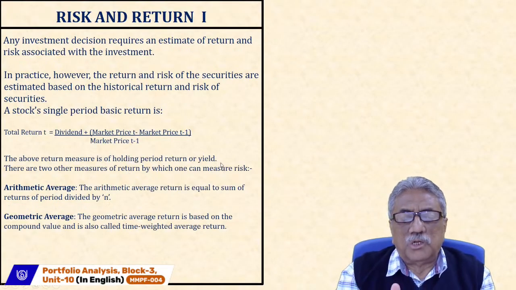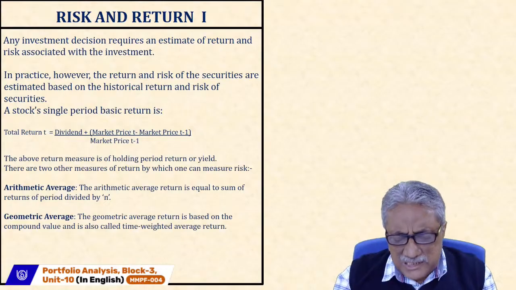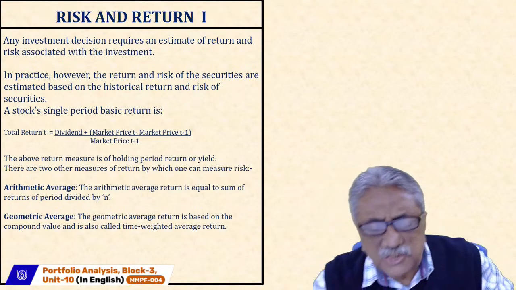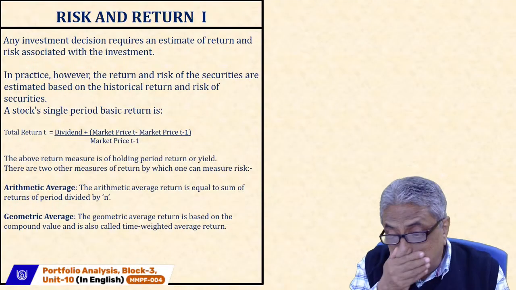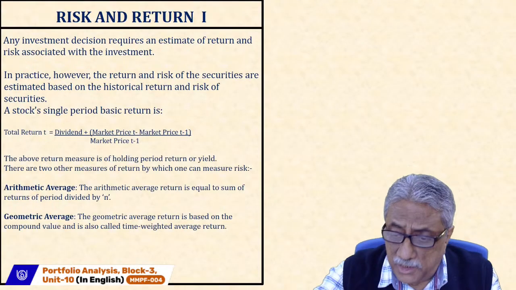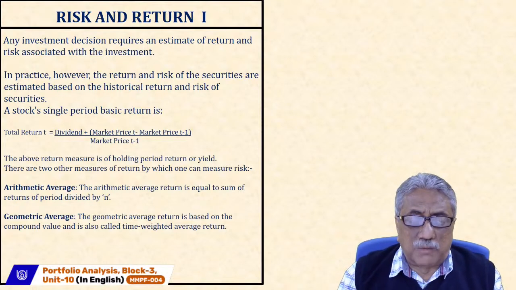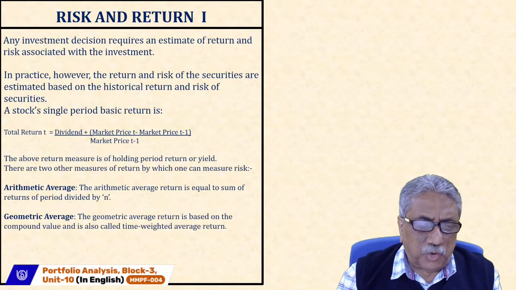You can find out what return these stocks, where you are trying to put your money, are giving. Return is not a very difficult or complicated matter. It's comparatively simple to find out.